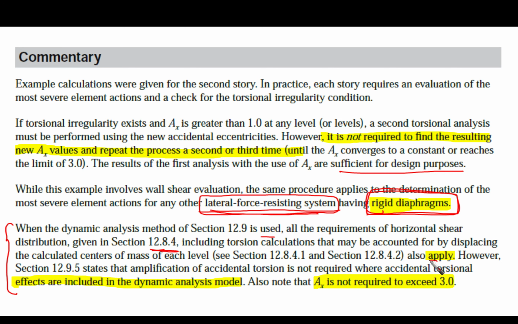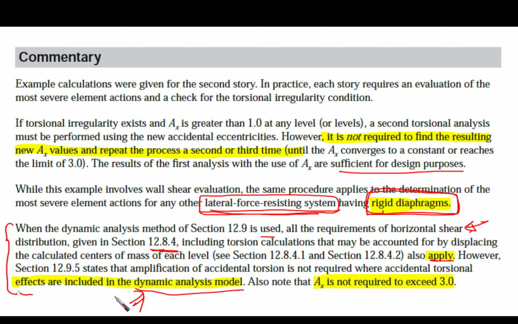This means that you are going to apply the same approach we have explained before. However, section 12.9.5 states that amplification of accidental torsion is not required where accidental torsional effects are included in the dynamic analysis. That's it. If you are including accidental torsion in the dynamic analysis, there is no need to do what we have done.